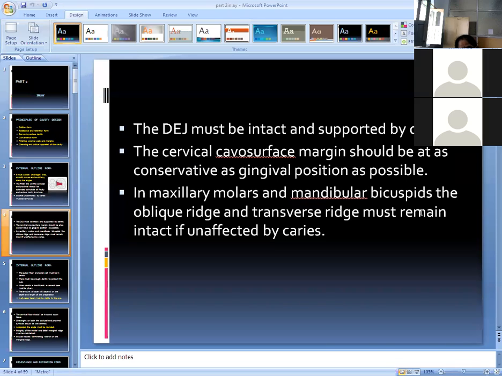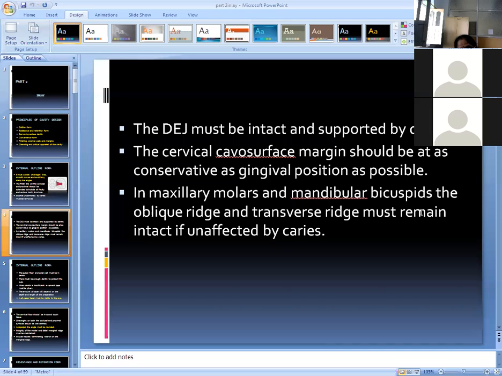So the cervical cavo surface margins should be as conservative as possible, so that they can be polished well and brought to the self-cleansing area. This will be decided when you are deciding about the external outline form.